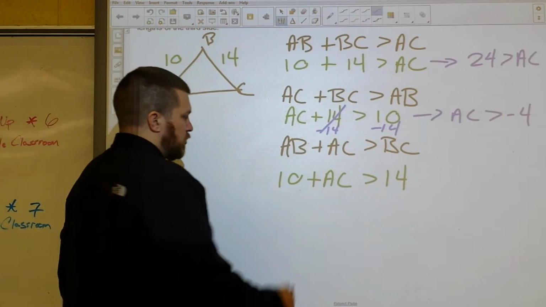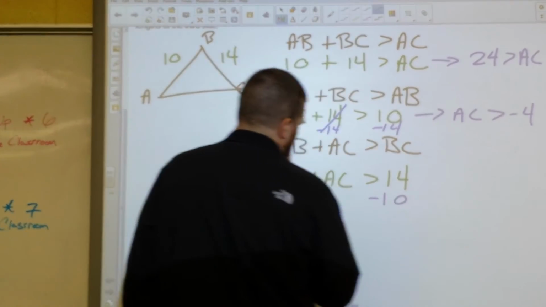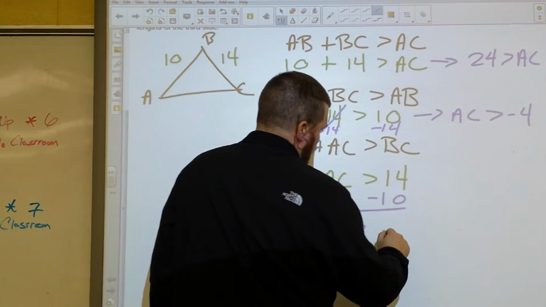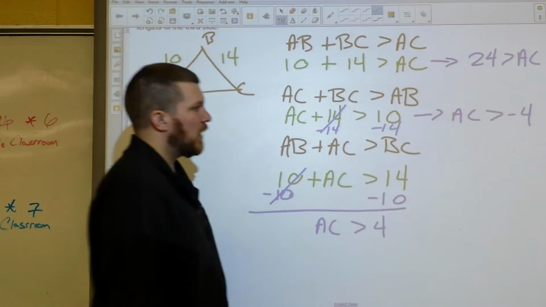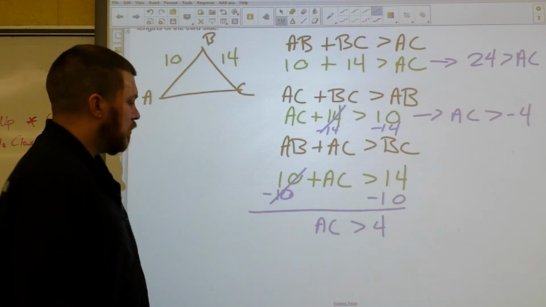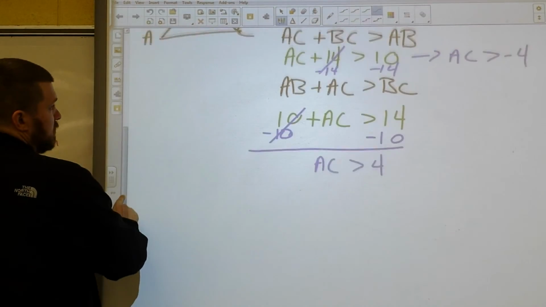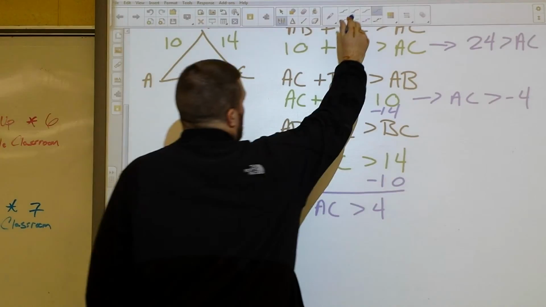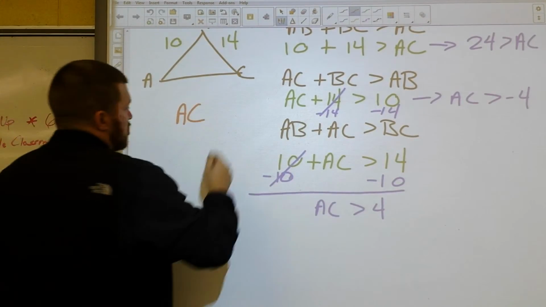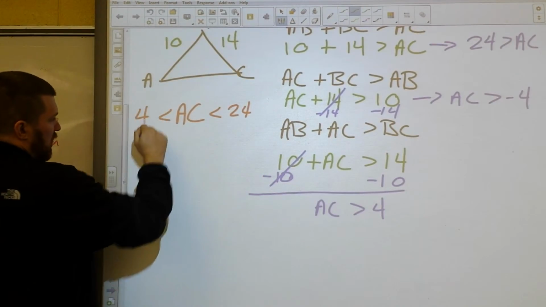Let's finally solve the last one. So I'm going to say minus 10 on each side. So AC is bigger than 4. All right, so now based on this information we have, we know that side AC, I'm going to put it in the middle, is smaller than 24 and bigger than positive 4.